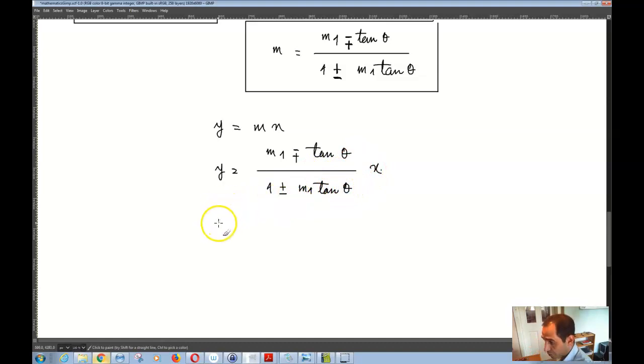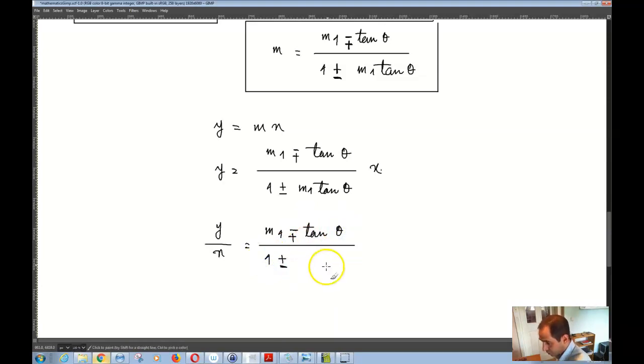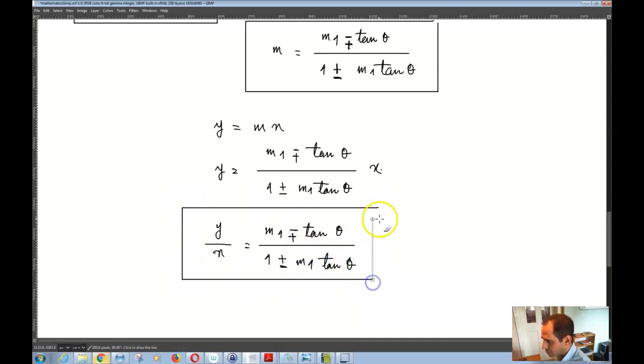Basically you will get y divided by x is equal to (m1 minus plus tan theta) over (1 plus minus m1 tan theta).